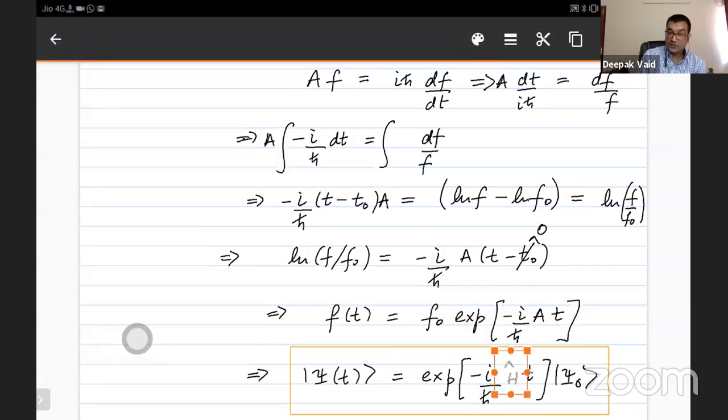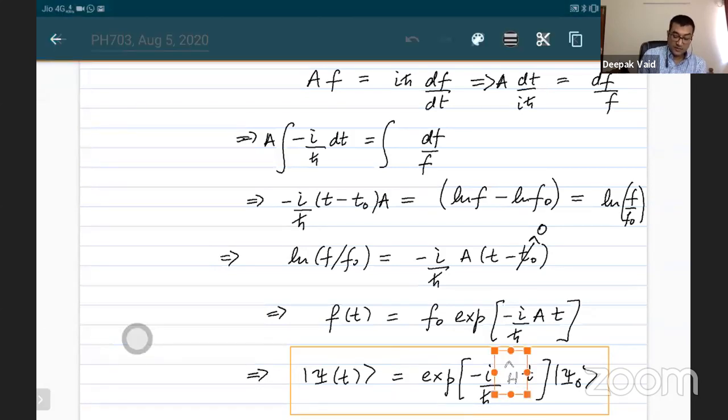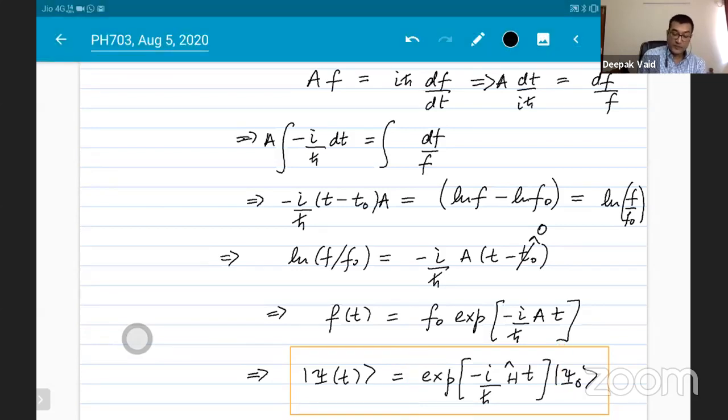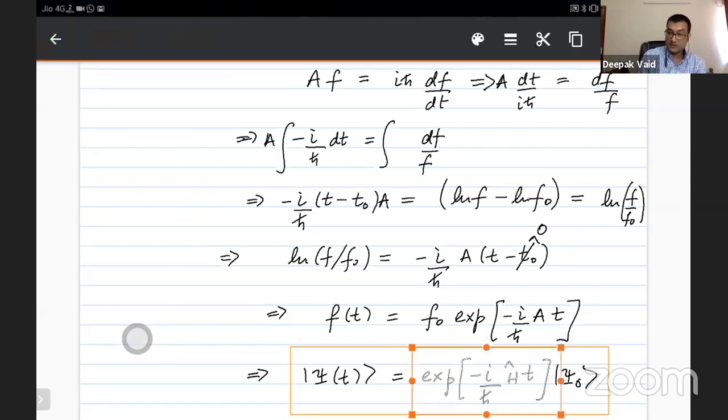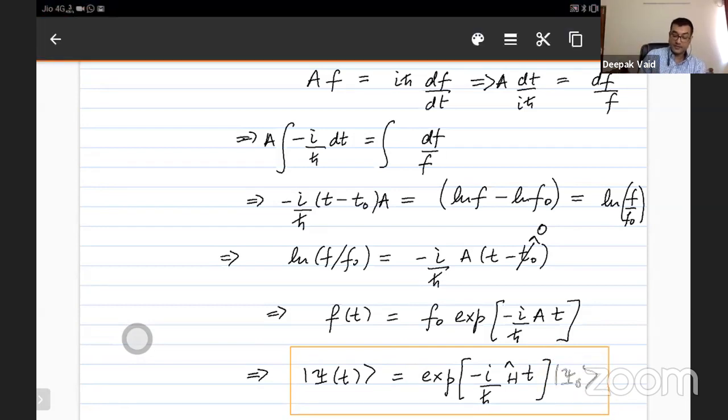This guy H, what is this H? This is an operator. You have to remember that this is an operator. Since this is an operator, when you take the exponential of this guy, you will get another operator. If you take the exponential of a matrix, what happens? You get another matrix, right? Same way, this is an operator. This operator has to sit to the left hand side of the state. That's why I put the state on the right hand side.